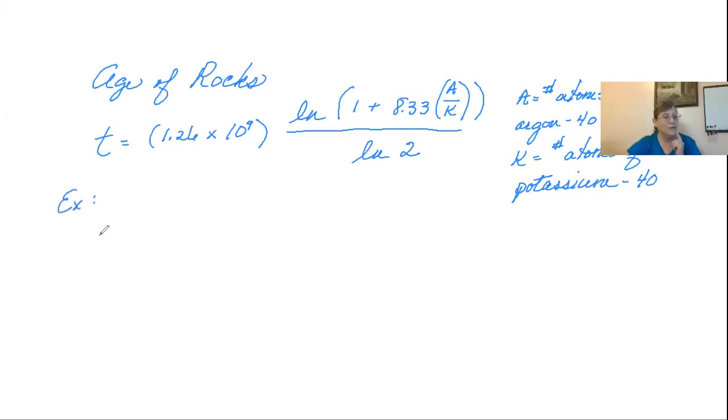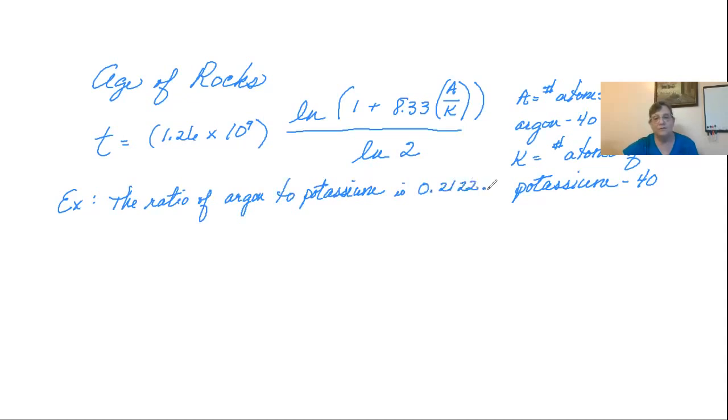Now we're going to do this piece by piece. What if the ratio of argon to potassium from a certain specimen is 0.2122? Okay, so they're giving us the ratio, the entire A over K. So let's see what happens.